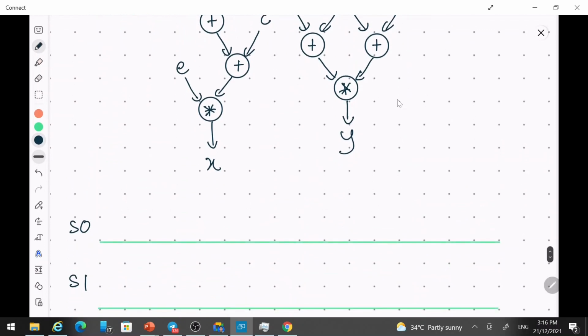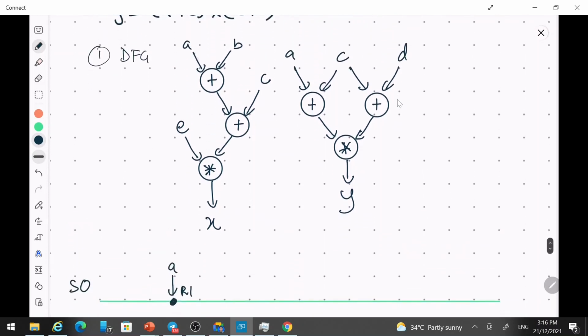We can use a dot to represent a register. We call it R1 here, where we have A stored in R1, because our data must be in the register.